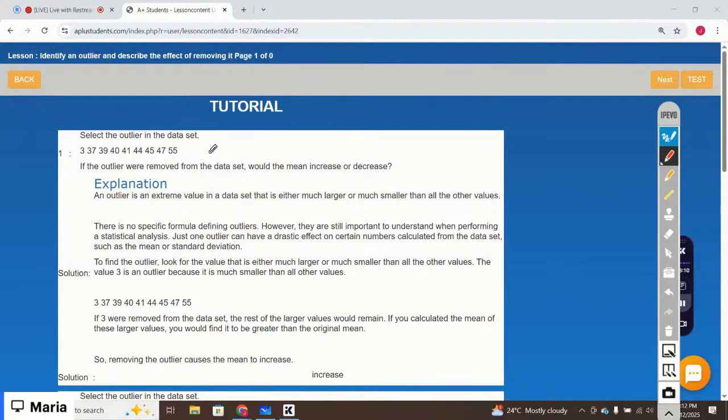An outlier is an extreme value in a dataset that is either much larger or much smaller than the other values. So 3 is the outlier because that is much smaller than the other values.